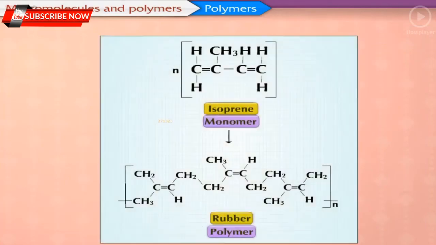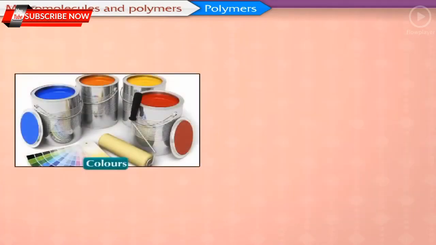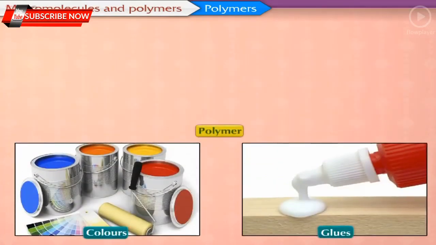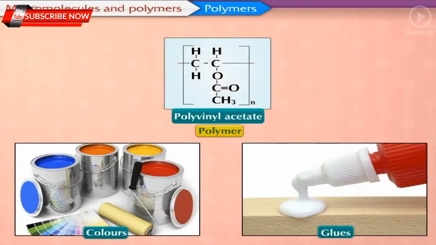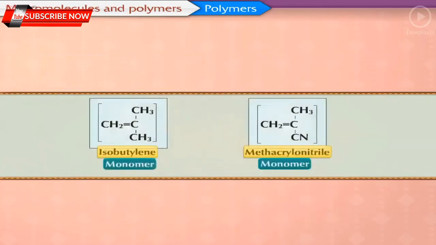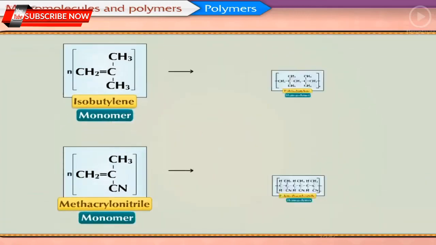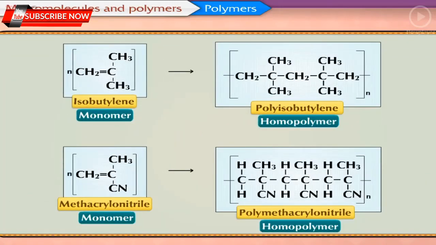The rubber polymer is made from the isoprene monomer and is found in the latex of rubber tree. Colors and glues contain the polymer polyvinyl acetate. The monomer of this polymer is vinyl acetate. Structural formulae of some monomers are shown here. Come, let us write down the structural formulae of the homopolymer formed from them.